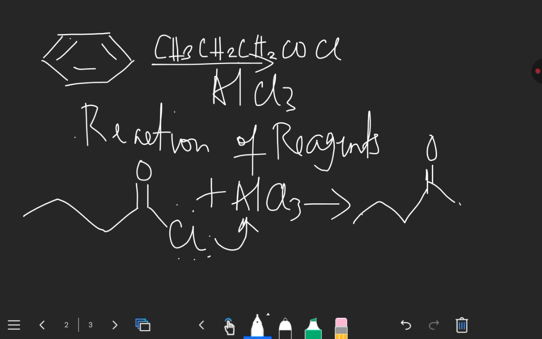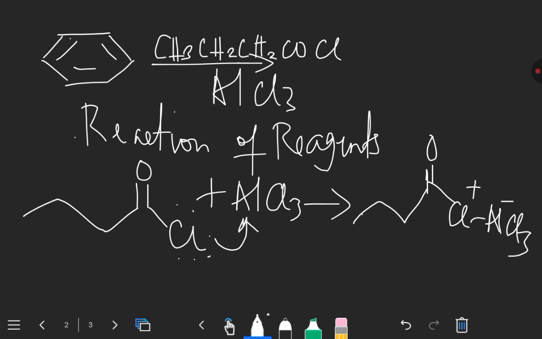Because this chlorine is the one grabbing the aluminium, it will have a positive charge. Then we'll have the aluminium chloride like that, and this aluminium will have a negative charge. So this is what happens.